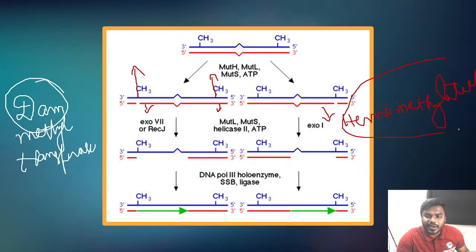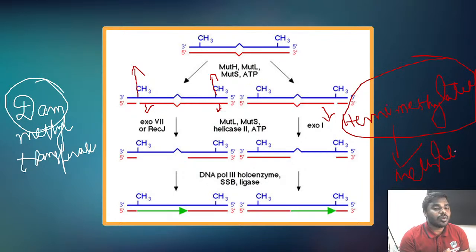Whenever the daughter DNA is in the hemimethylated form, we have to repair the damage. Once again, I am repeating my statement: whenever the daughter DNA is in the hemimethylated form, during that time only we have to repair the damage. Sir, why like that? Because after some time, the daughter DNA which is hemimethylated is also converted into methylated.